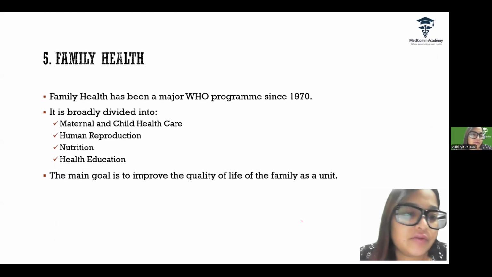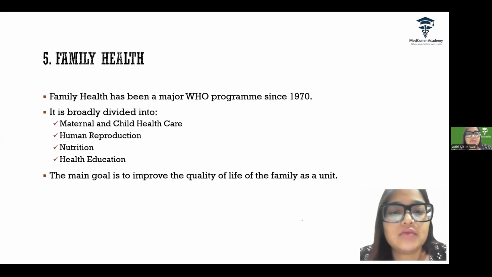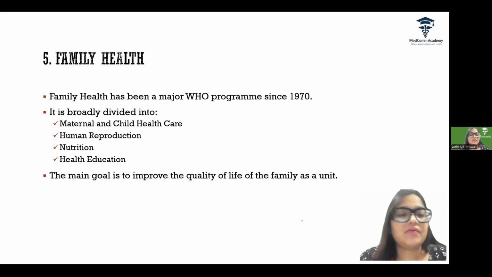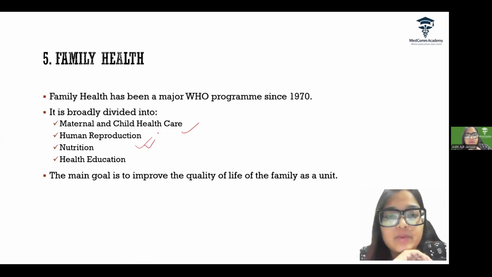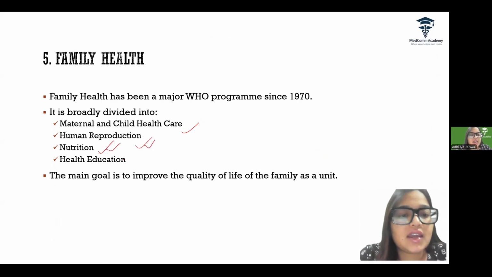Now coming to F, family health. Family health has also been a very major part of the WHO program. It includes everything, whoever is in the family: maternal and child care, mother and child, human reproduction, as we were studying, the unmet need of pregnancy, nutrition and health education.